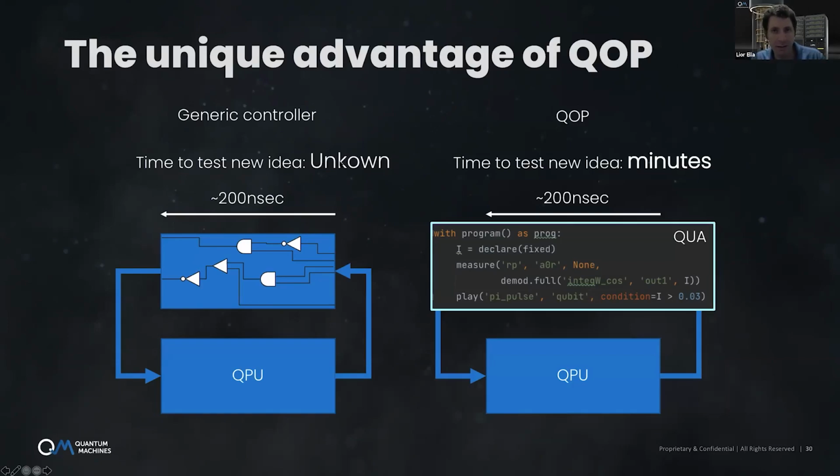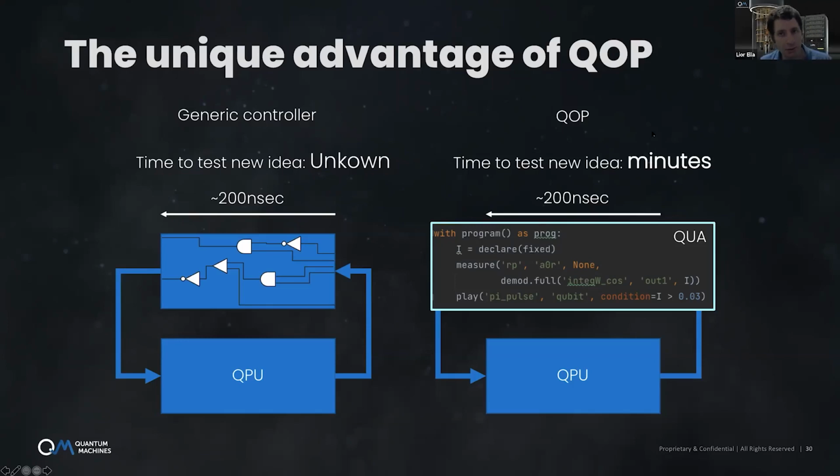It could be a day, it could be weeks because it's FPGA, okay? And then as any experimentalist knows, if you're going to need to spend a couple of days to test out a new idea, you're probably not going to test out that idea at all, and you're going to try something else. Okay, so this is a real barrier.